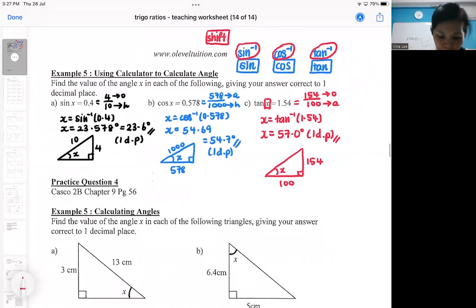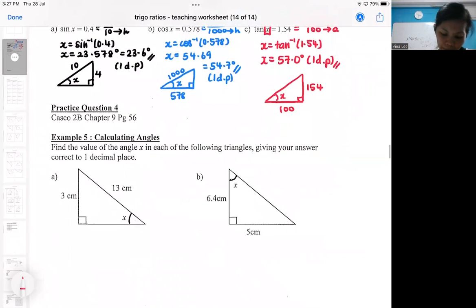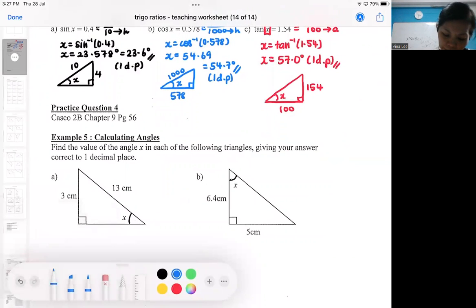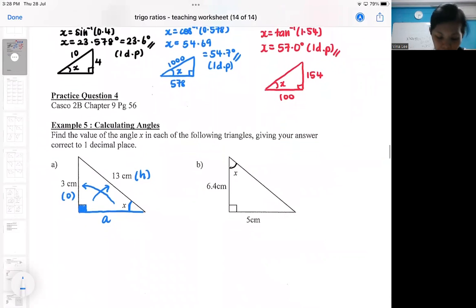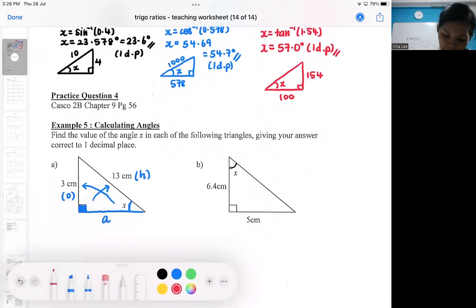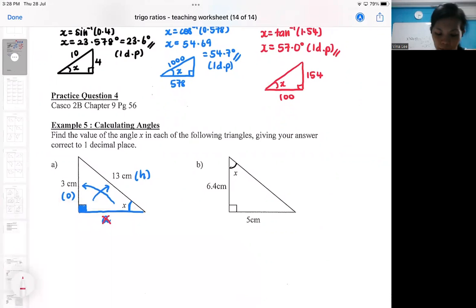The procedure will be very much the same. You identify the angle and the 90. You identify your OAH. Then you realize who is useless. Same method. So who is useless? No algebra, no length.